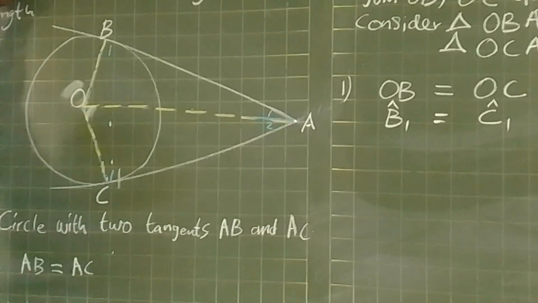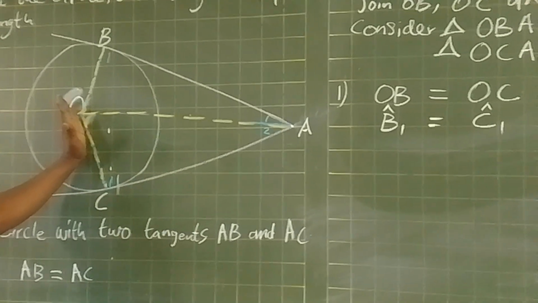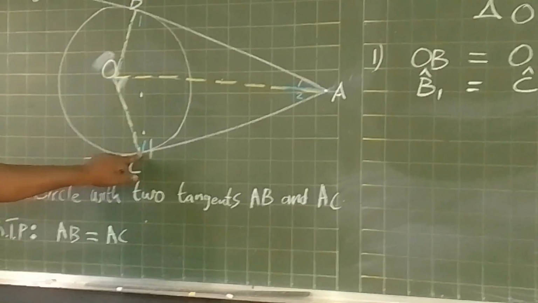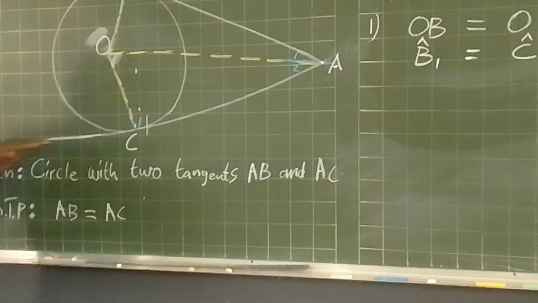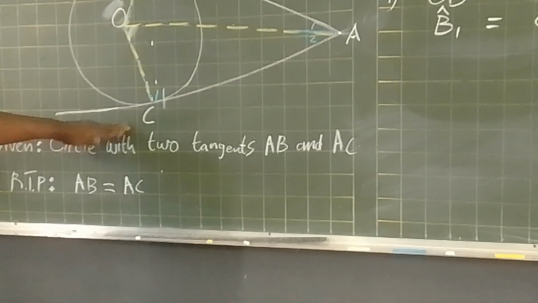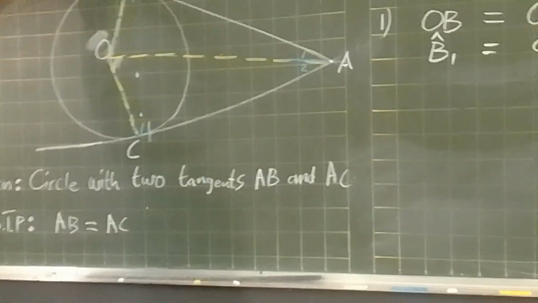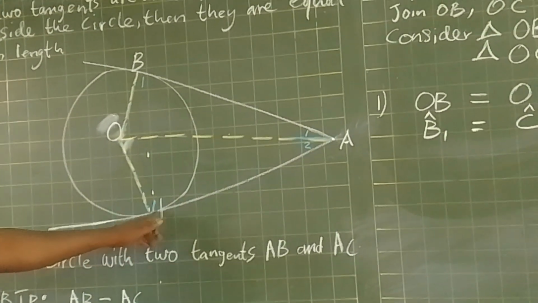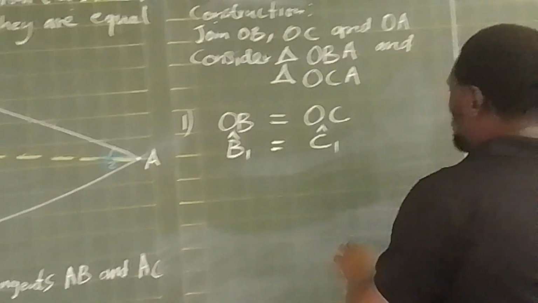Remember in the previous theorem we said that the radius which meets a tangent forms 90 degrees. Theorem number 7. So OC, which is C1, is equal to 90 degrees.